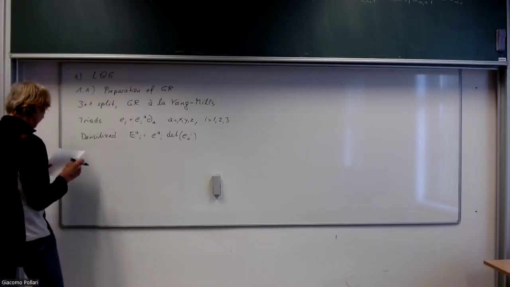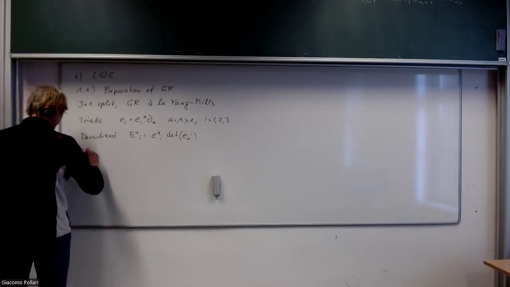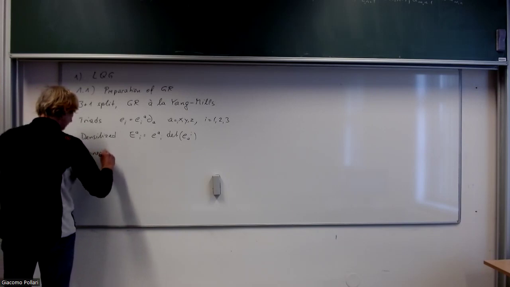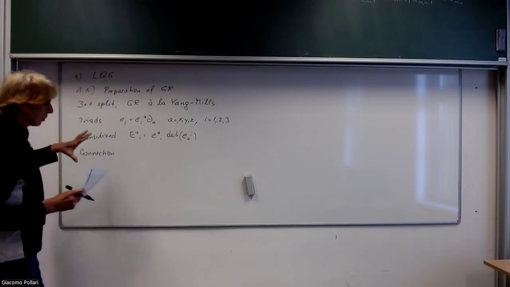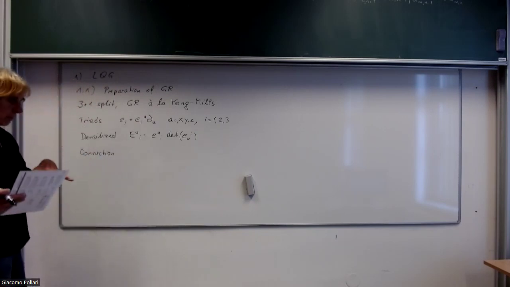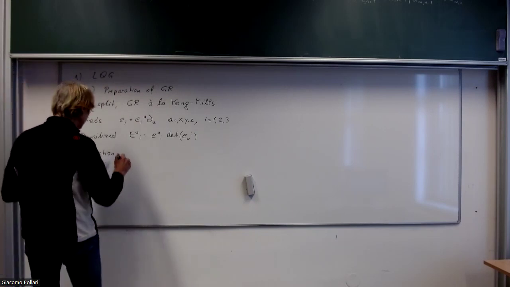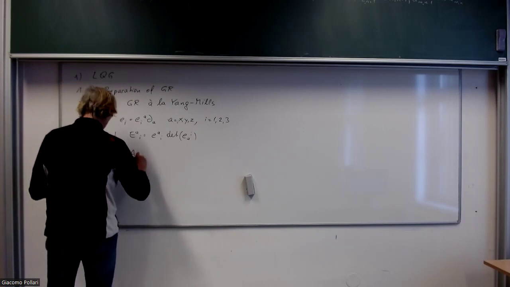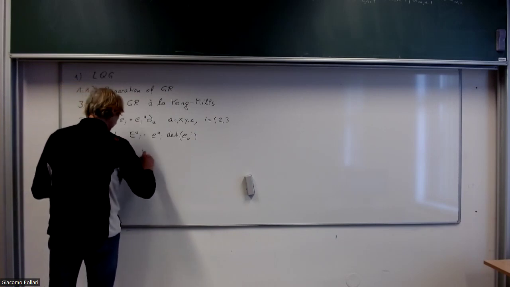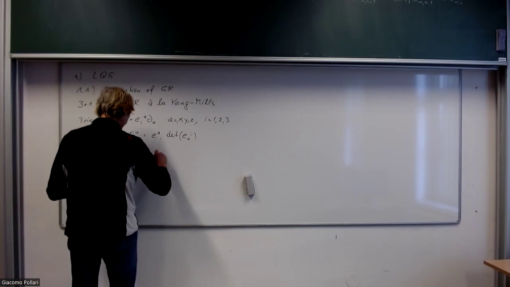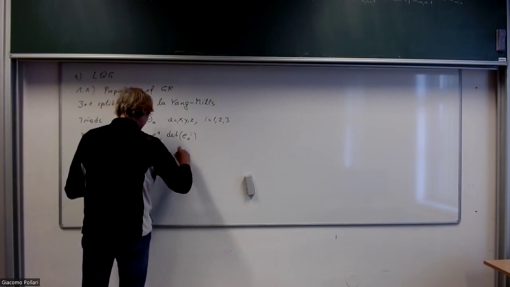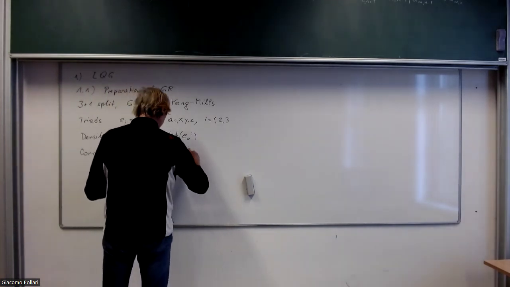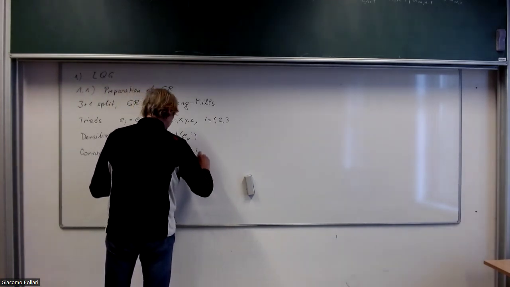So then we have a connection, which is also split into a space and a time part. It's called the Ashtekar-Barbero connection, A_a^i = Gamma_a^i + beta K_a^i.